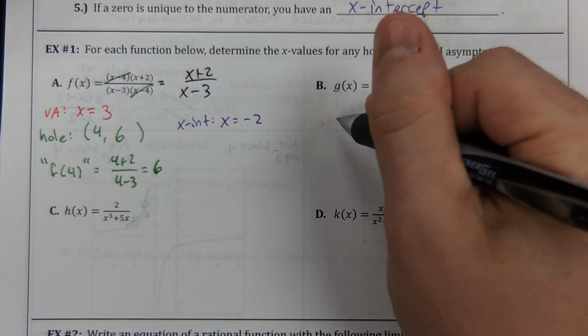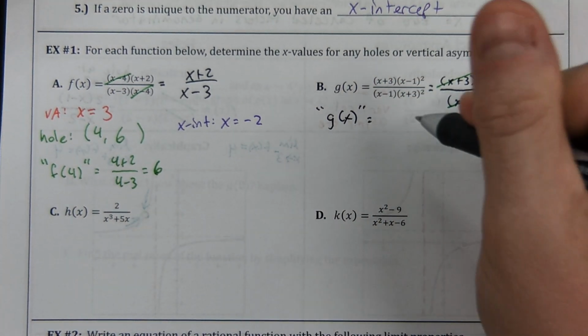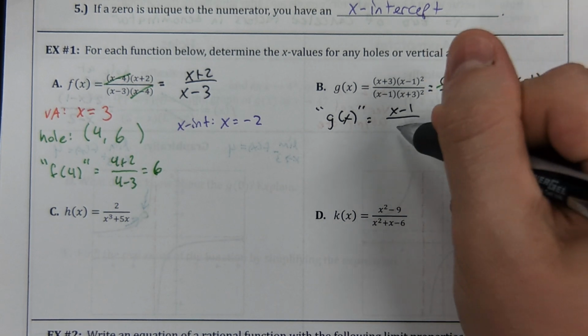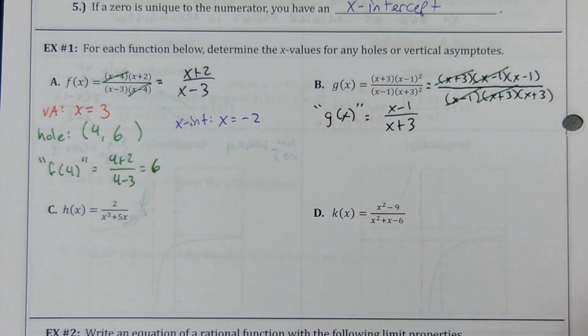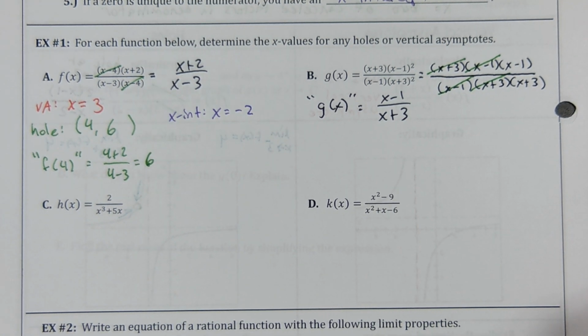My function simplifies to x minus 1 over x plus 3. So then I ask you, is there a 0 of the denominator in the simplified version? Yes.